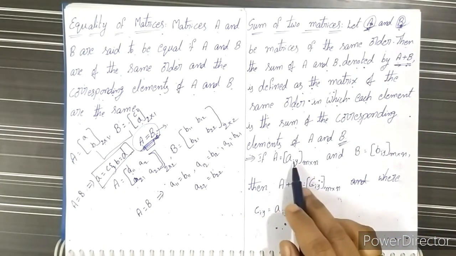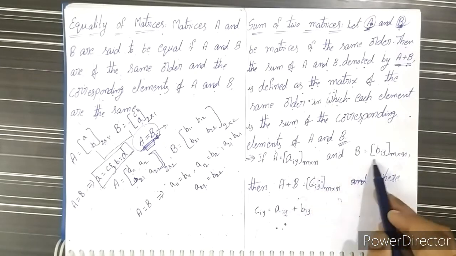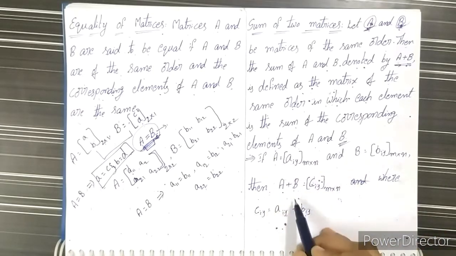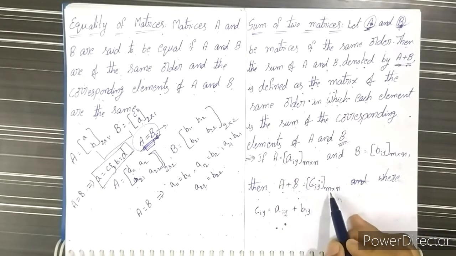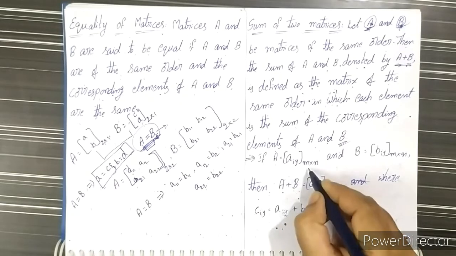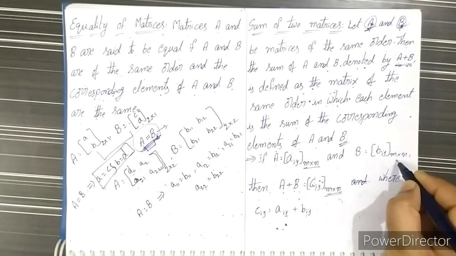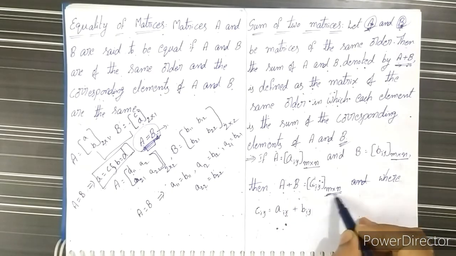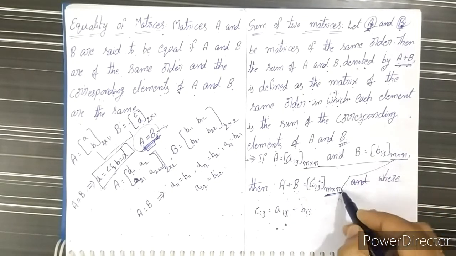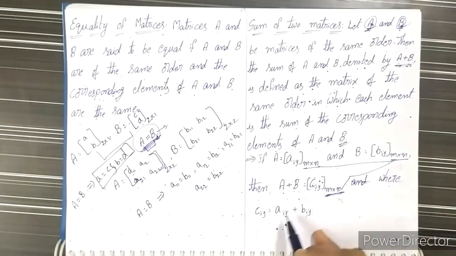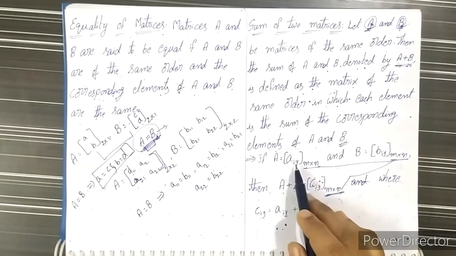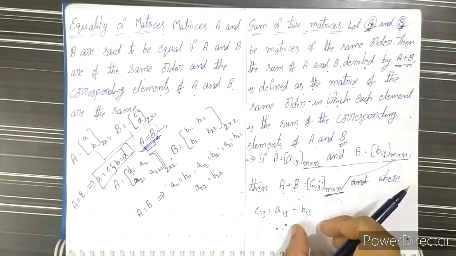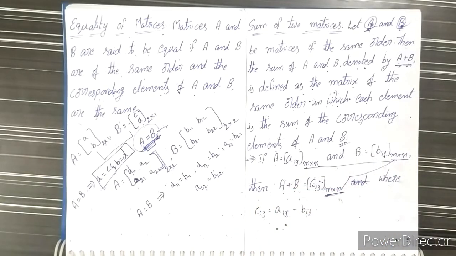If A equals Aij of order m by n and B equals Bij of order m by n, then the sum A plus B equals Cij of order m by n. If the matrices A and B have the same order, then the sum also has the same order, where Cij is equal to Aij plus Bij. That means the sum of the corresponding elements gives the sum of the matrices.